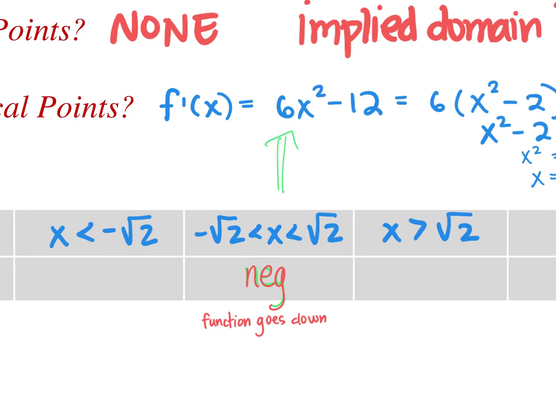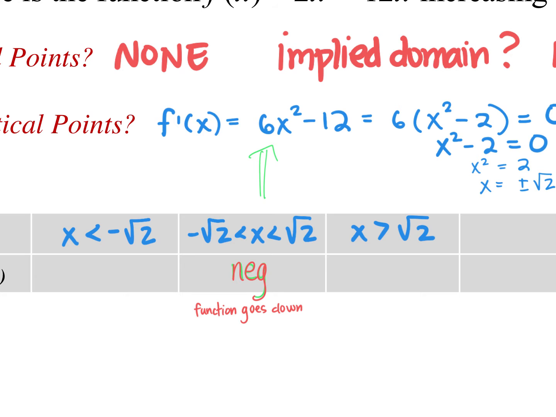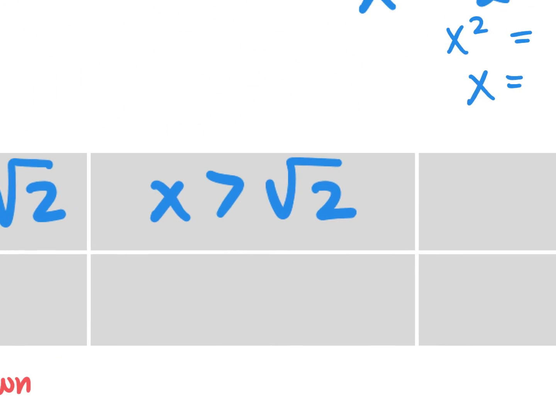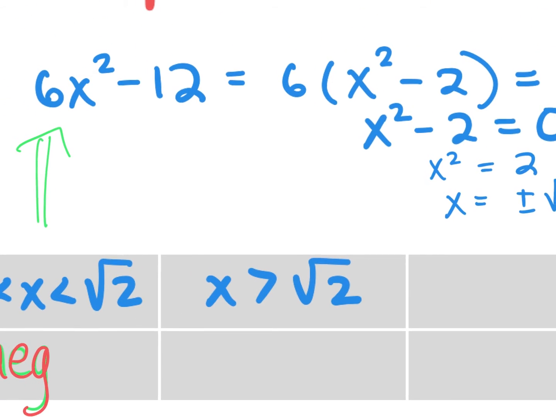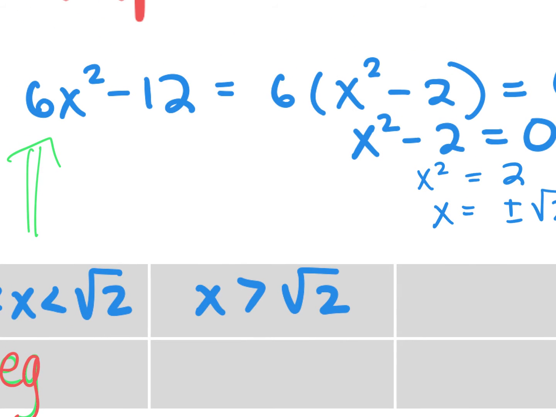All right, well, we started in the middle. We didn't have to start in the middle, but we did. Let's pick a number greater than rad 2. Any random number. Nate, pick me your favorite number bigger than rad 2. 2 is bigger. Good job. If you pick 2 and put it into your derivative, what do you get?